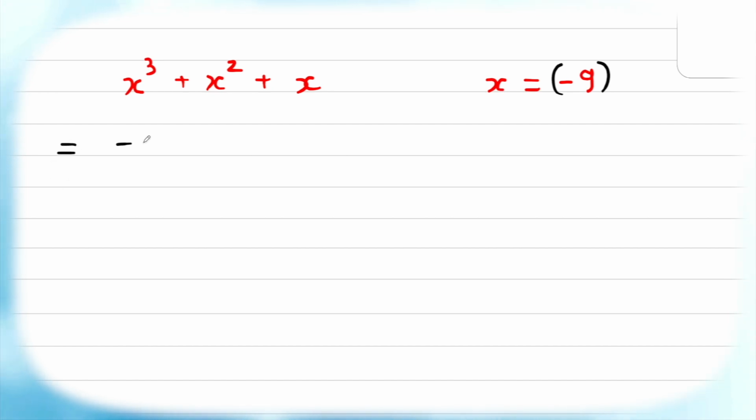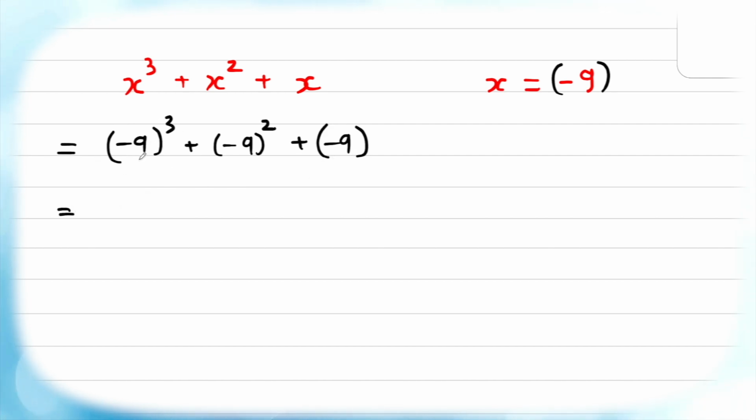Here's how I write it: minus 9 inside the bracket here, and minus 9 inside the bracket one more time, and then you get minus 9 here. So for this one, the calculating is very easy now.